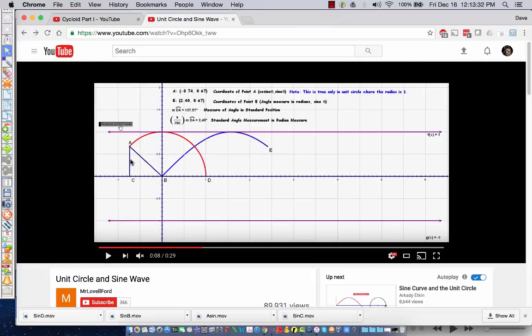Notice the height here. The height is equivalent to the y-coordinate that it's tracing, and the x-coordinate is equivalent to the measure of this angle. That's about 3 pi over 4 right here, because this is pi over 4 here and then 3 pi over 4 here.